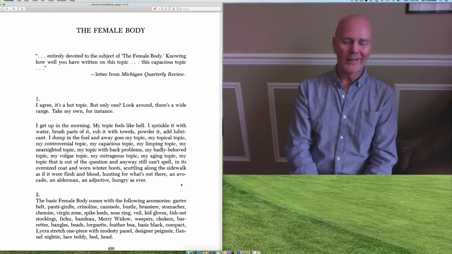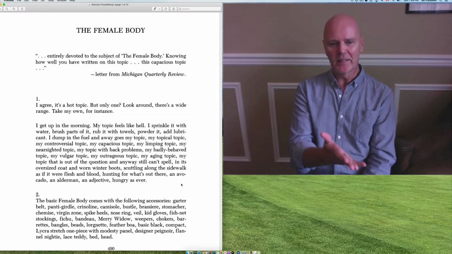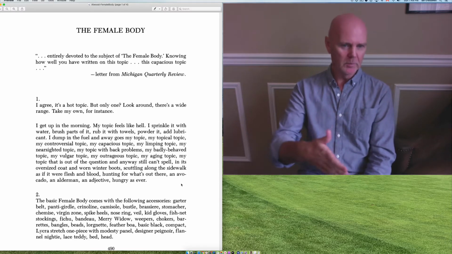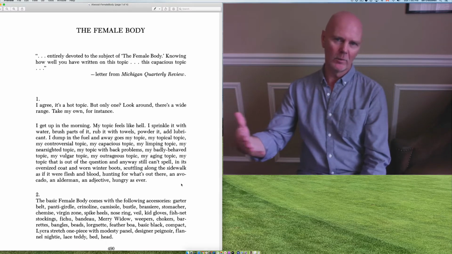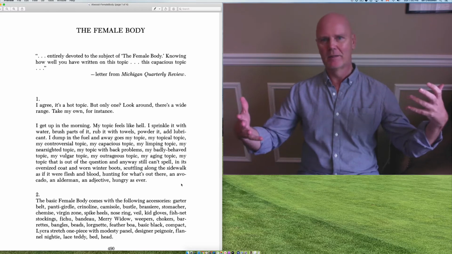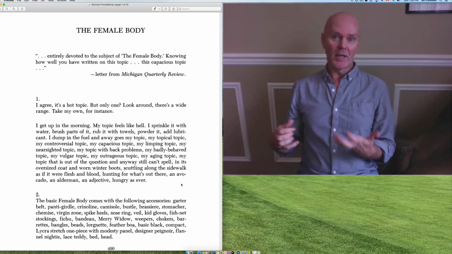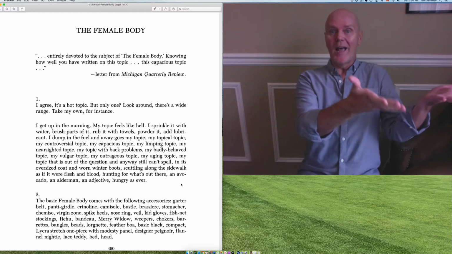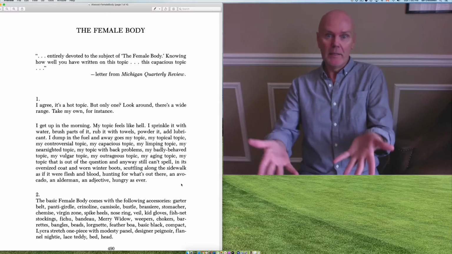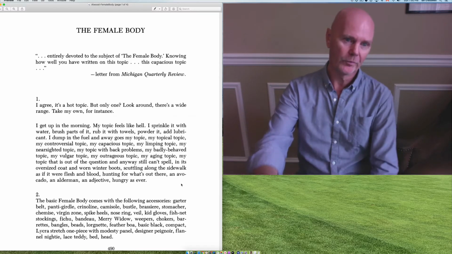And I guess the suggestion at the end here, when she's saying avocado, alderman, adjective, is almost as though we have a lexicon, a list of words you can use to objectify or metaphorize the female body, beginning with A's, and then she could go on to B's and C's and D's. I guess that's what she's getting at here.